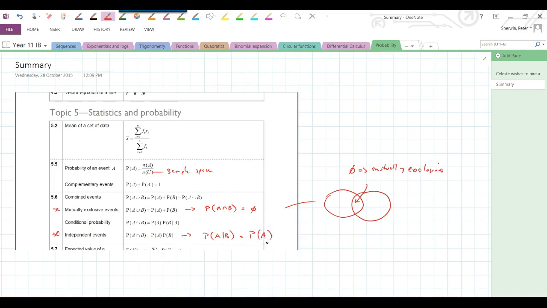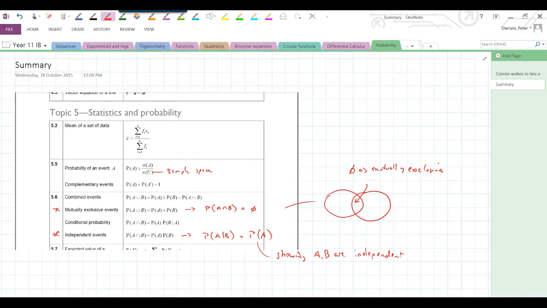A is not affected by B. So this is another way of showing A and B are independent. Now that might be easier, depending on what you've done in the question or how it's framed or whatever else. So this is the stuff that you're given in an exam.